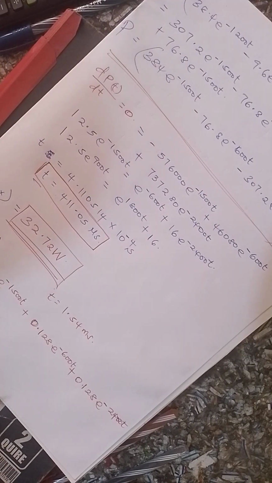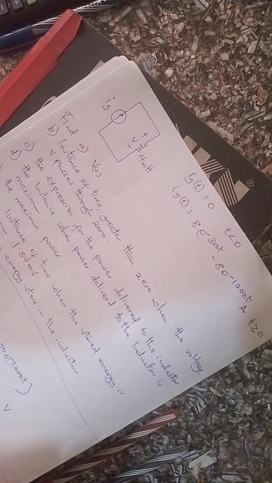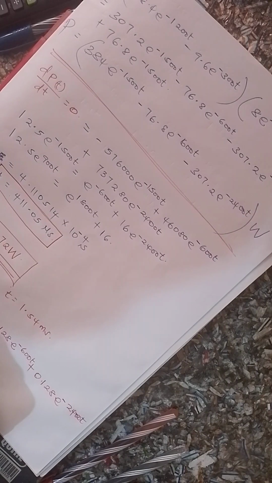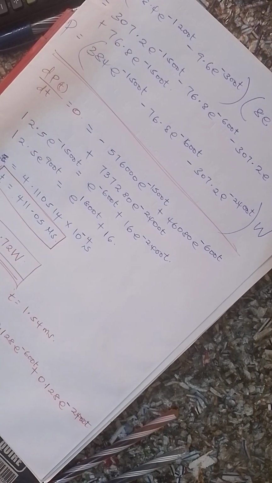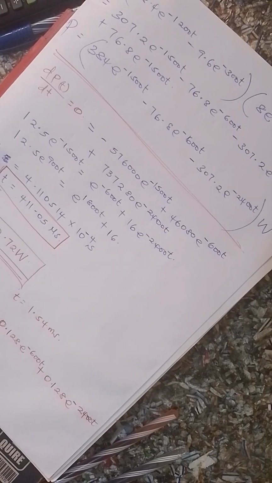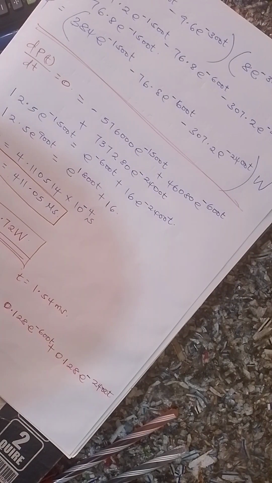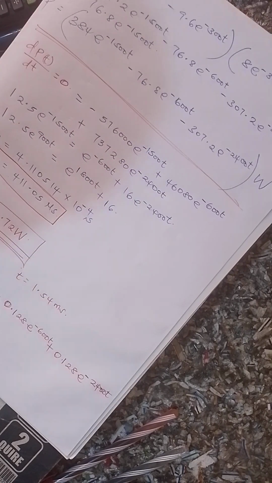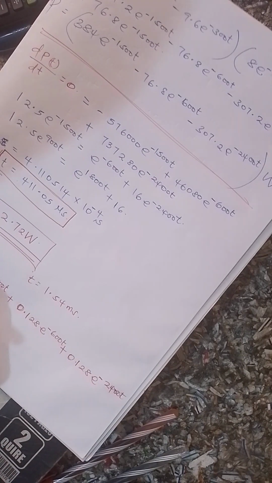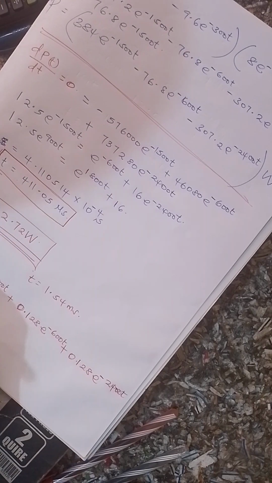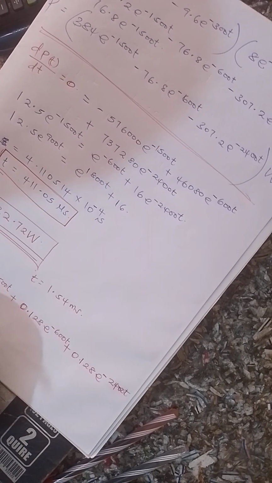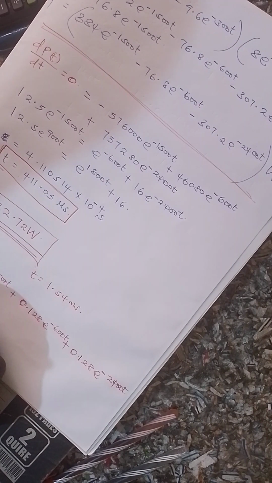So to find the maximum energy stored in the inductor, we will replace T with 1.54 milliseconds, whereby W is equal to... now when we replace T with that, then the maximum energy, not total but maximum energy, will be 0.02857 joules.